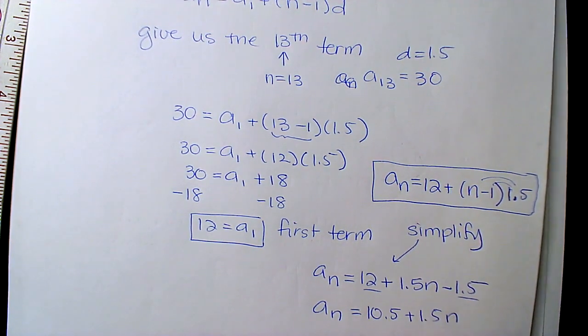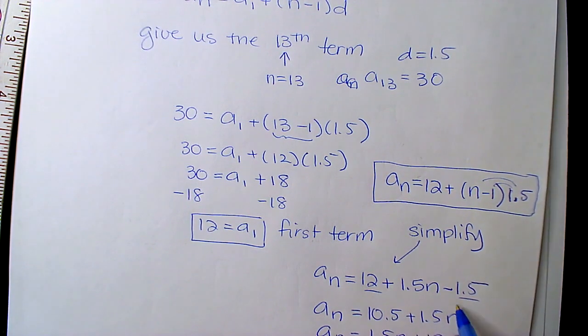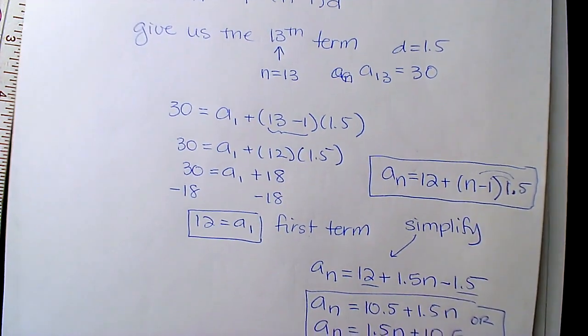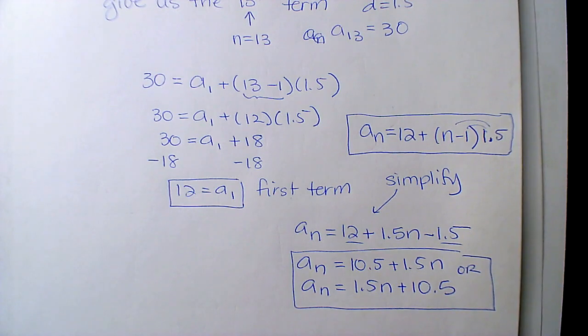And so this is unsimplified, but if you want to put the n first. So this is unsimplified, this is simplified. One has the constant in the front, the other one has the constant in the back and the n in the front. It's just whatever you feel comfortable with. But you've got to know equivalent statements in math. It's common.